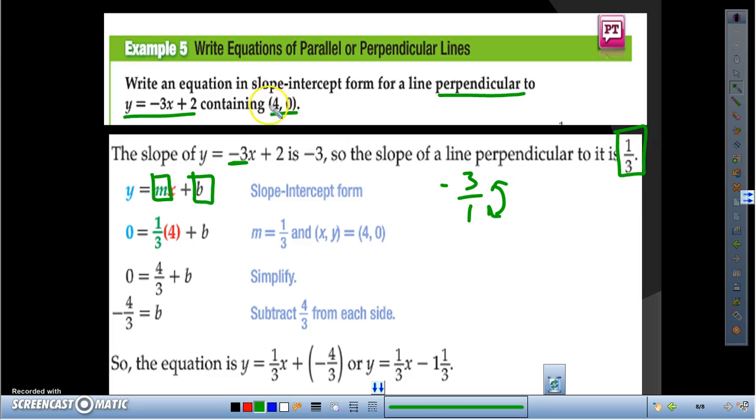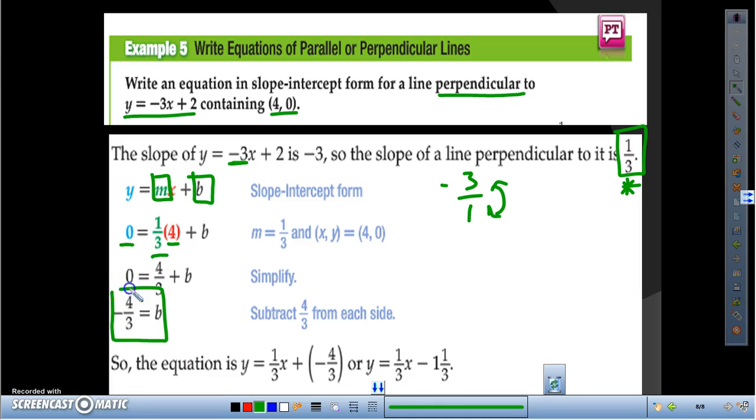And then I have the point that it has to go through, (4, 0). So I take that information, I plug in the y value, I plug in my new slope value, where it goes, and then I plug in the x value, just like I did before when I had a slope and a point. I multiply 4 and 1/3 together, and then solve for b.